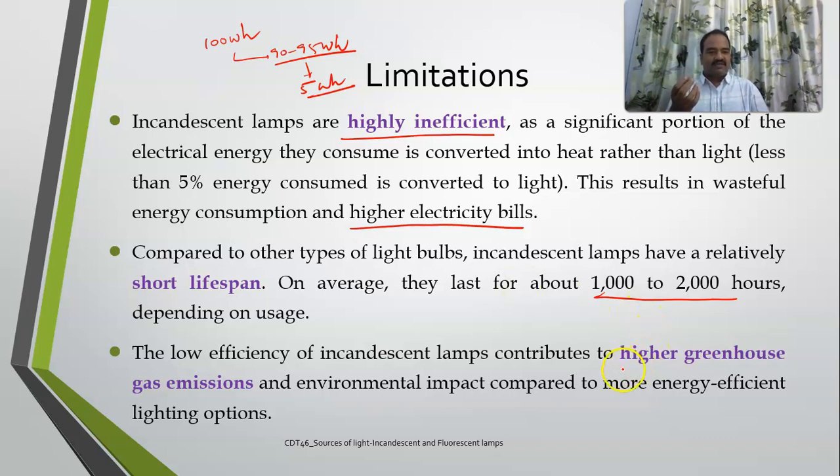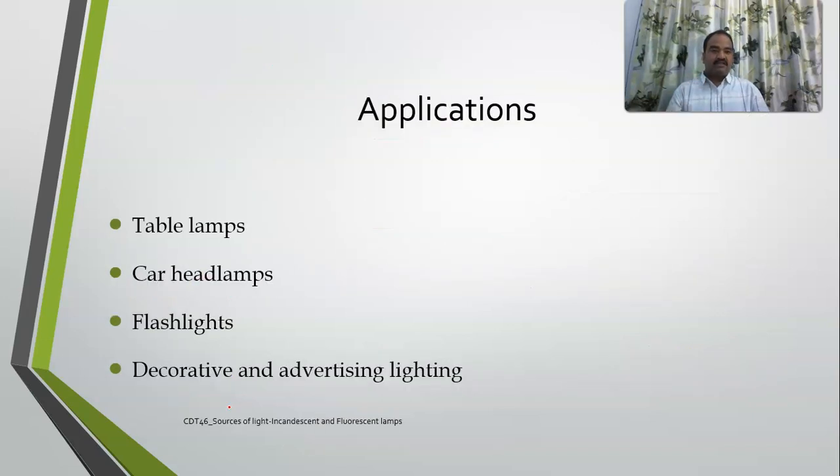So that contributes to higher greenhouse effects. That is not a direct impact; it's an indirect impact. So you have an environmental consideration also, because your efficiency is low. You are consuming more energy, which means you are inefficient. If you get that energy from coal-based plants, then you are creating an environmental impact, right? So these are the limitations of incandescent lamps.